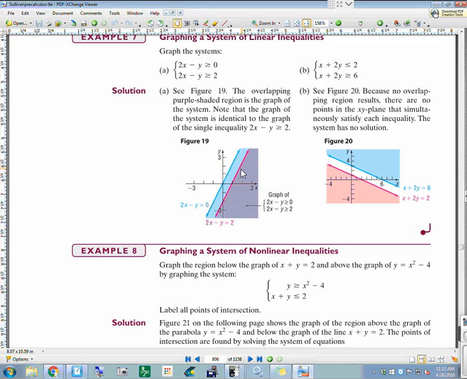The line here can be part of the solution because we got equality here. Remember, it's got to be where the overlap is. So if the equation down here would have been a less than, didn't have the equal to, this would be a dotted line and it would not be part of the overlap because a dotted line isn't part of what the equation is to begin with. So that sort of makes sense.